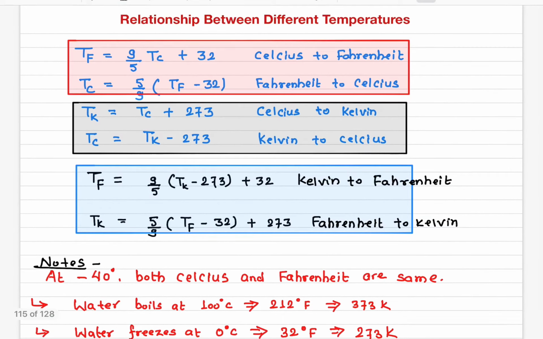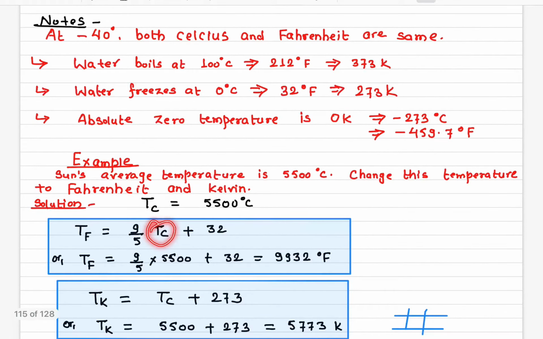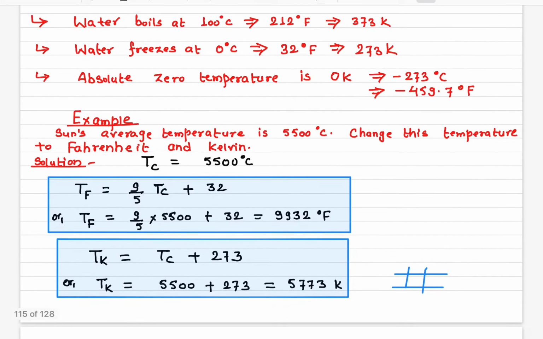We are given 5500 degrees Celsius, so we plug in 5500, solve it, and get 9935 degrees Fahrenheit. To change to Kelvin, remember if it is given in Celsius, you simply add 273 to get Kelvin.